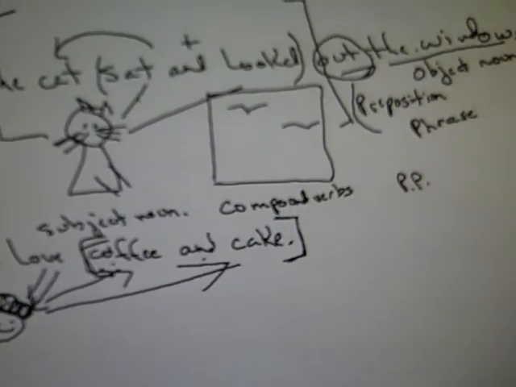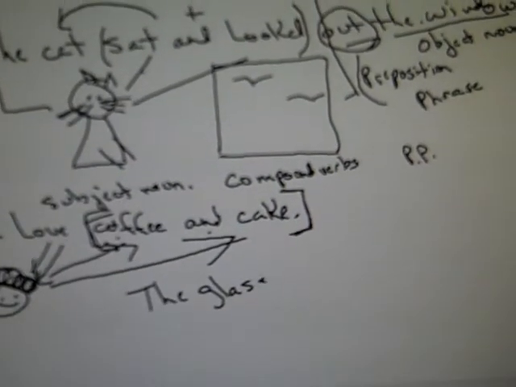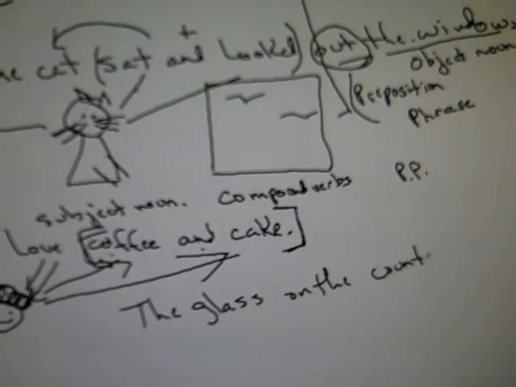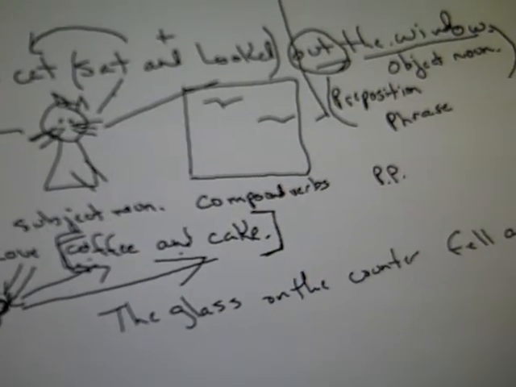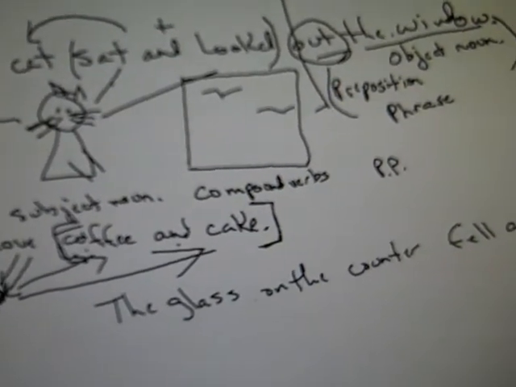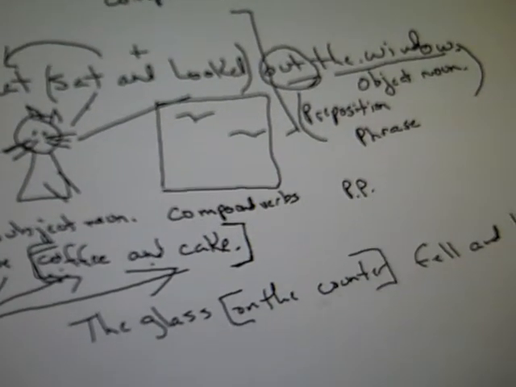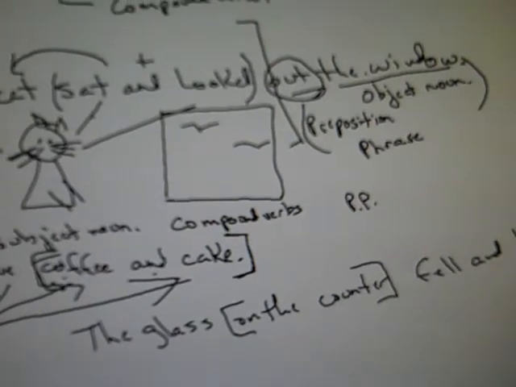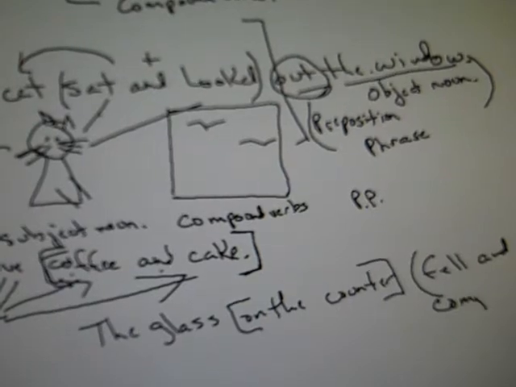The glass fell. The glass on the counter fell and broke. Okay, look, I've moved a prepositional phrase in between my compound verbs. So I've got over here compound verbs.